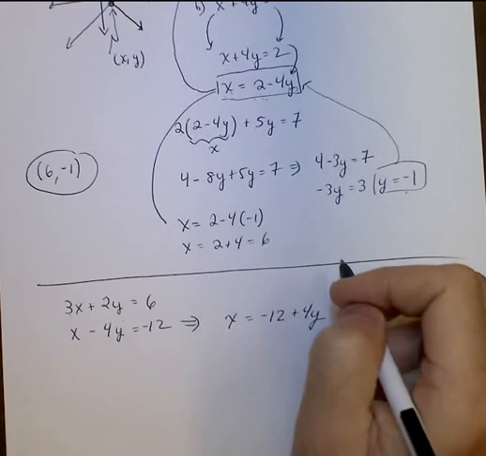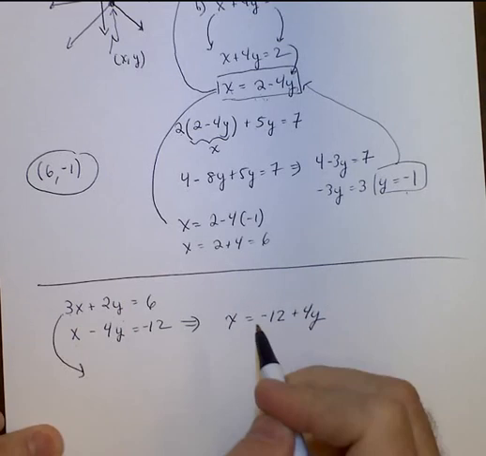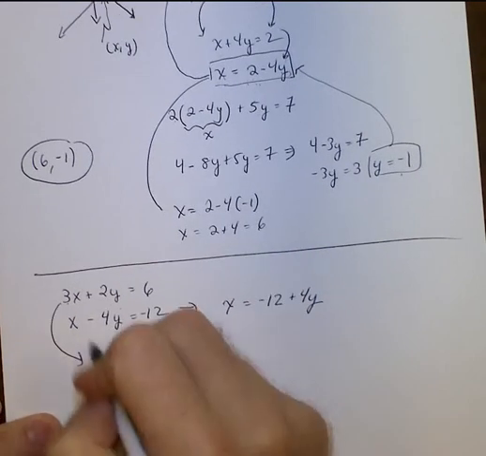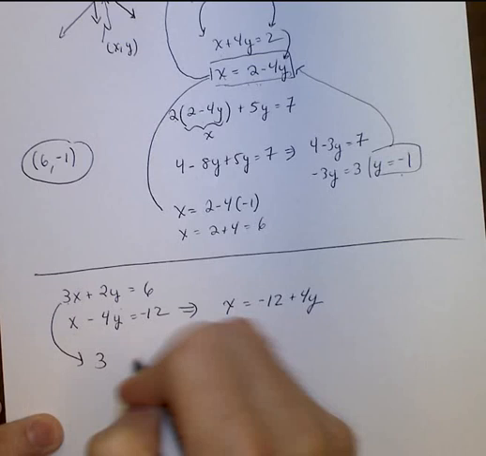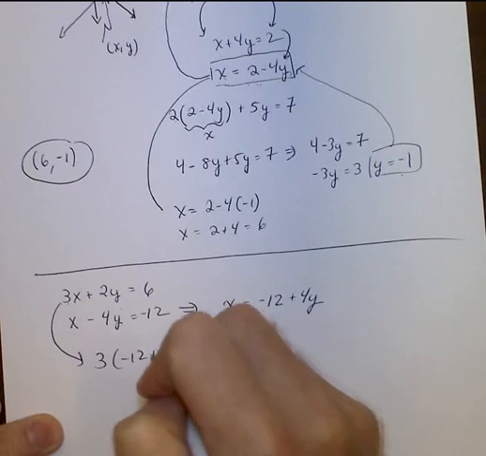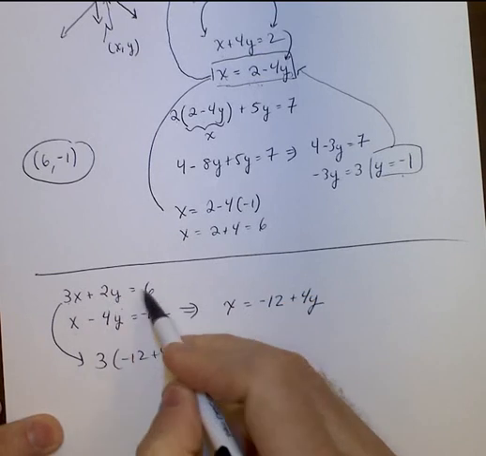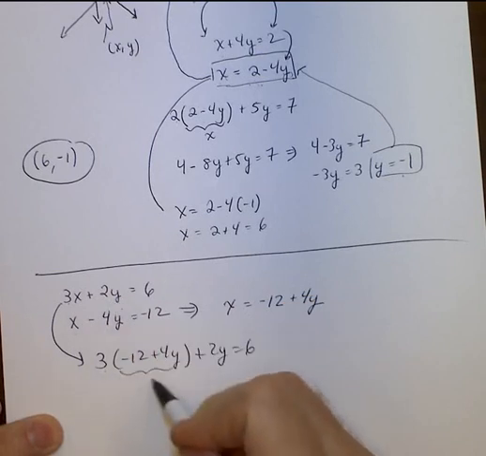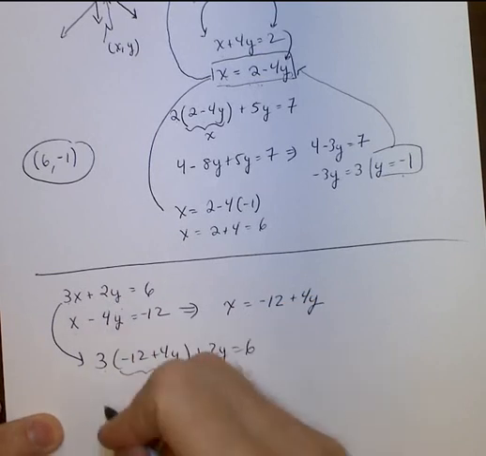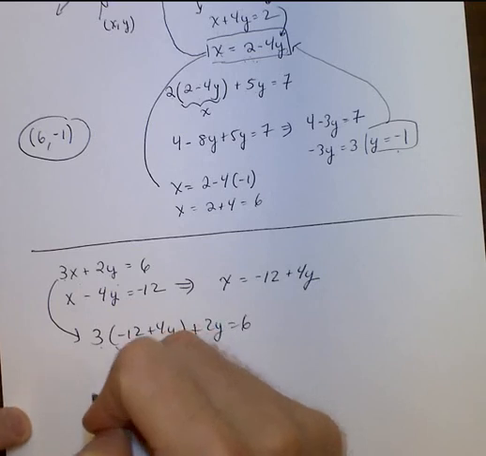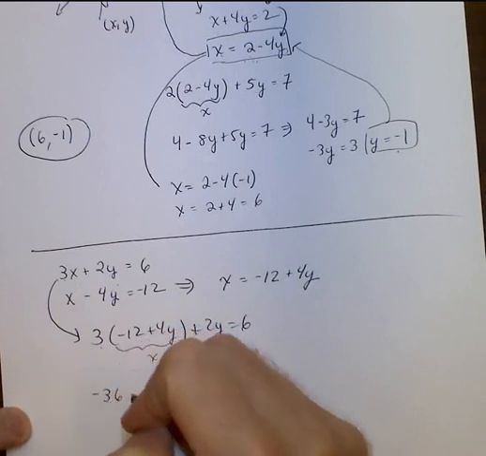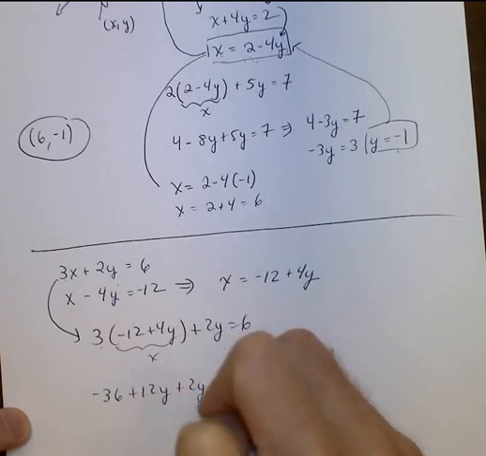We substitute that back into the first equation. So we have 3x, but we're not writing x, plus 2y equals 6. We distribute. We combine like terms.